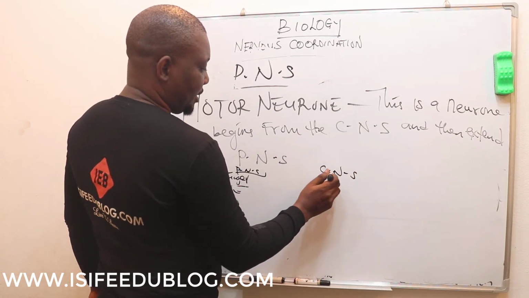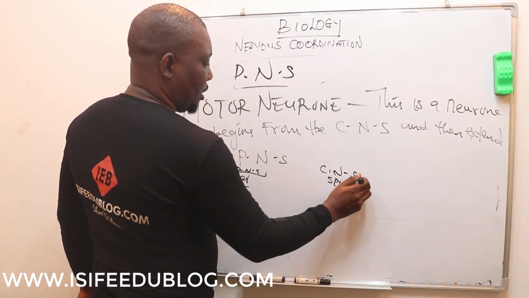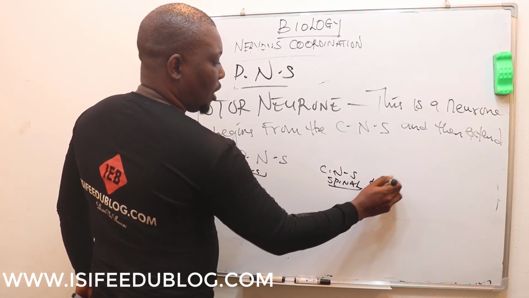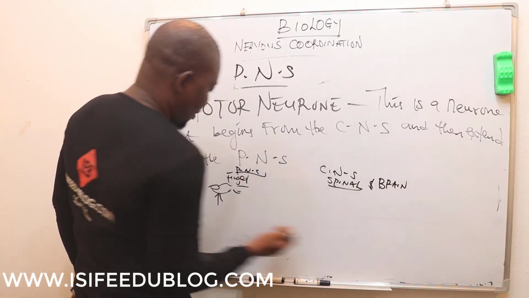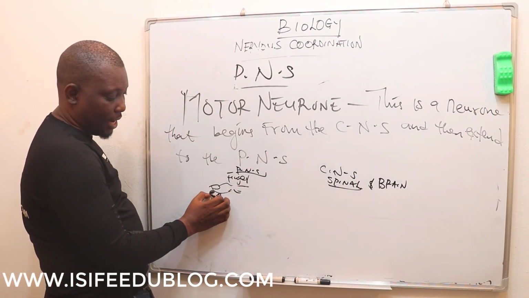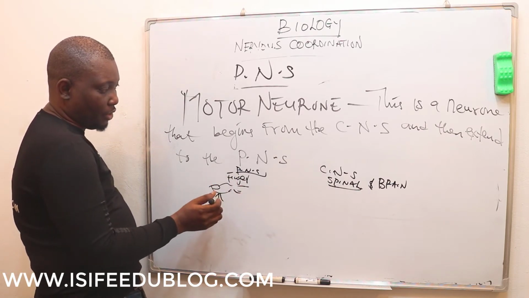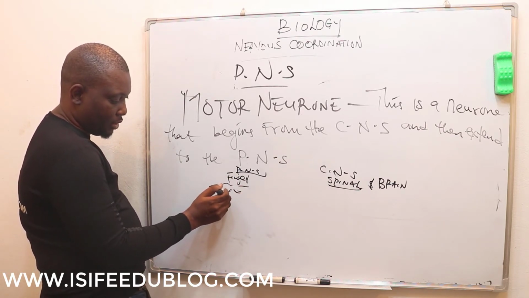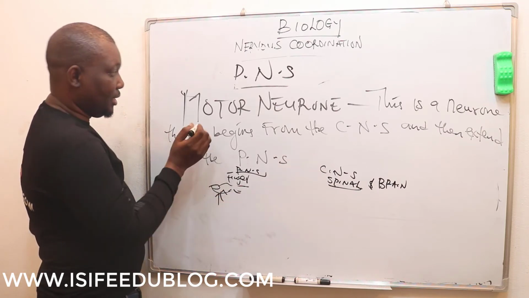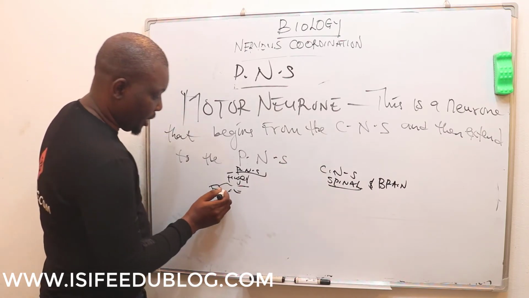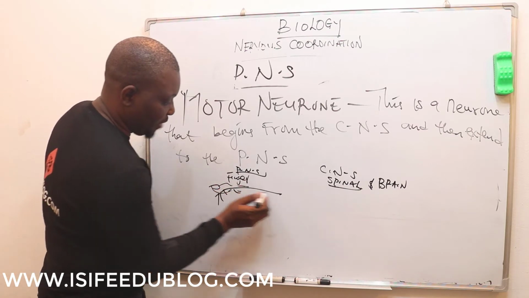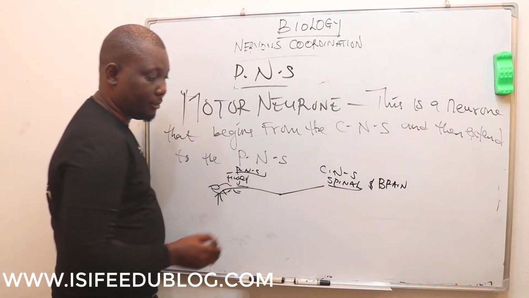In the CNS, we can have either the spinal cord or the brain. And we have a situation here. There is a puncture, there is pressure, there is pain. Which part of the neuron receives that pain? The sensory neuron. So it begins, moving impulses away, and it's coming here.